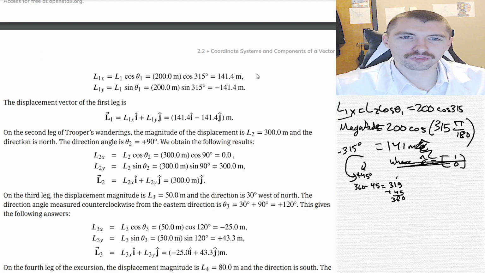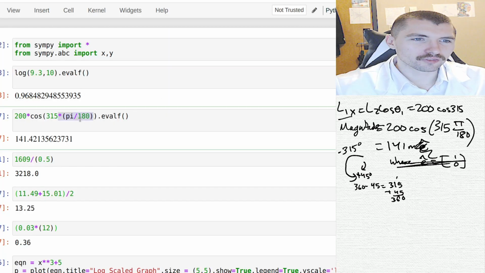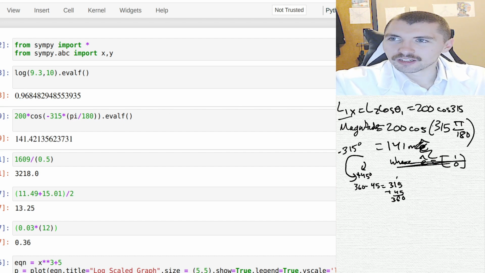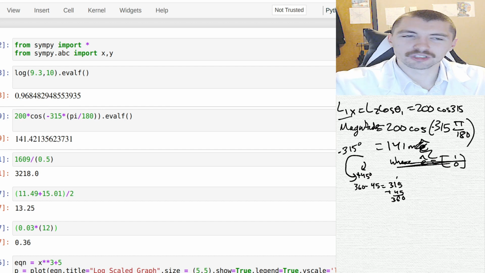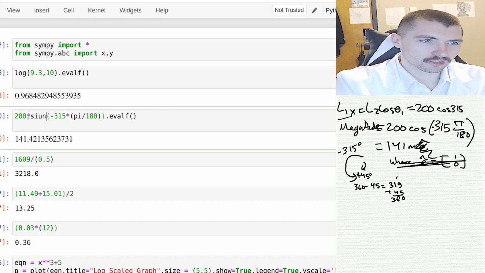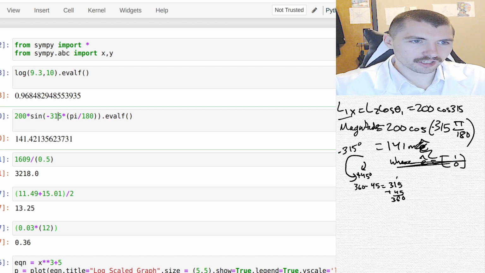I wonder if that messes up the calculation. It doesn't. If you had a negative sign here, that'd still be correct. And what if it was sine? This should be negative. It's not negative. So I don't know what's going on here with the book.